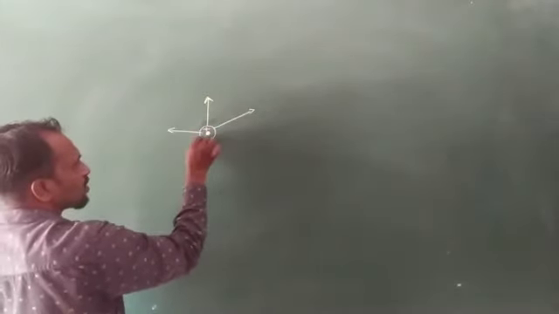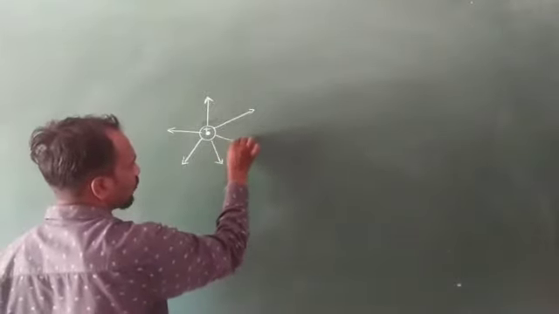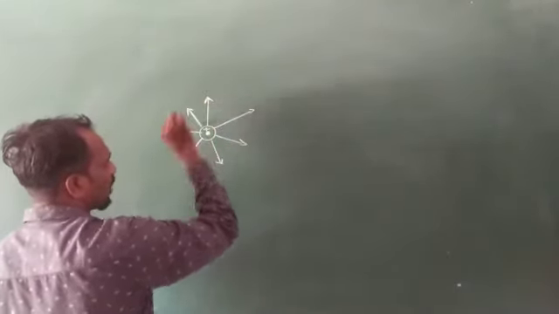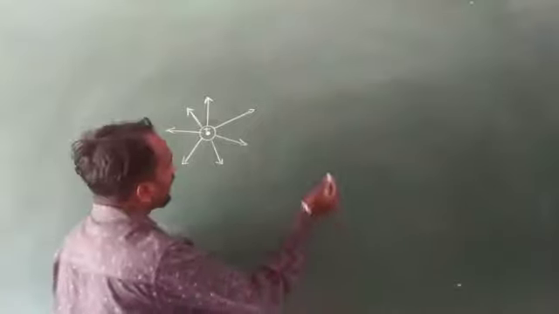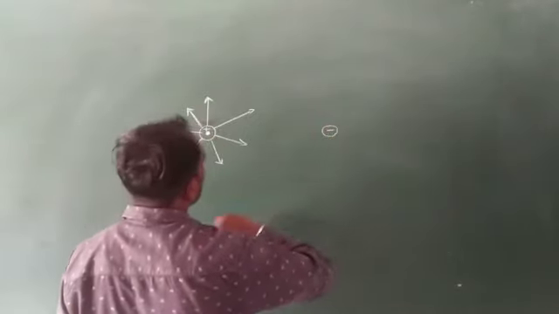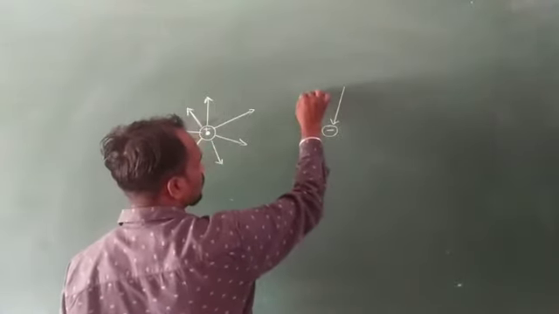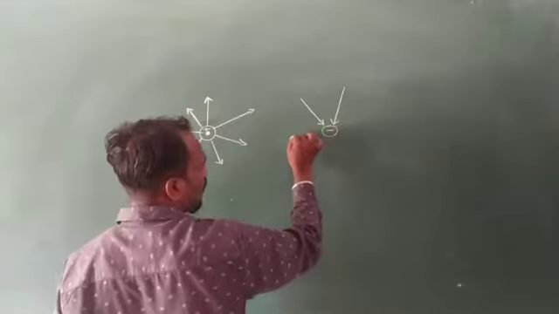Electric field lines are imaginary lines. Another one we consider is a negative charge particle. In the negative charge particle, these are also electric field lines, imaginary lines.